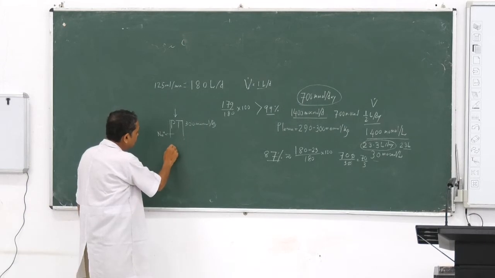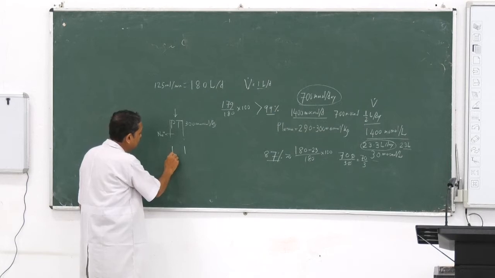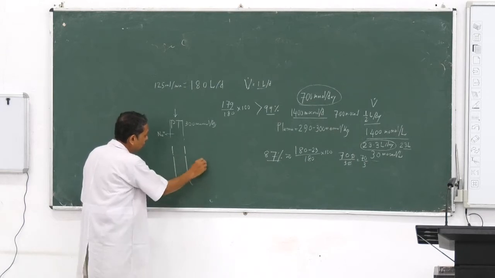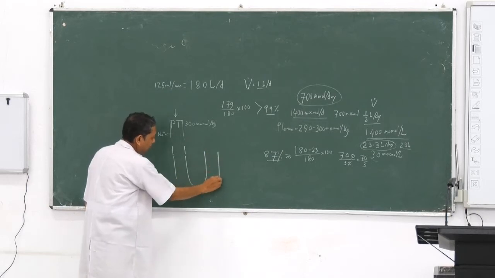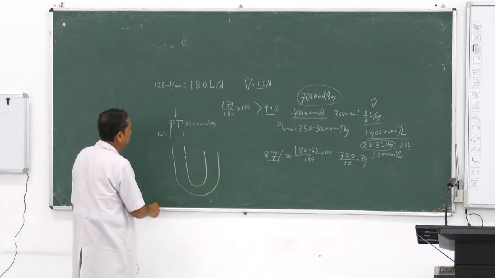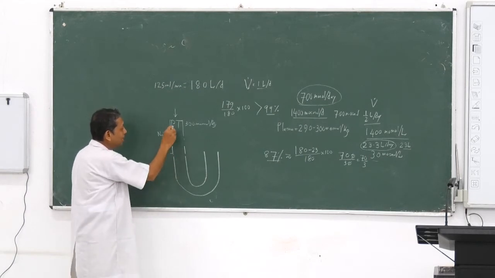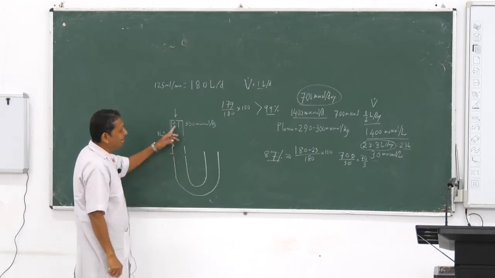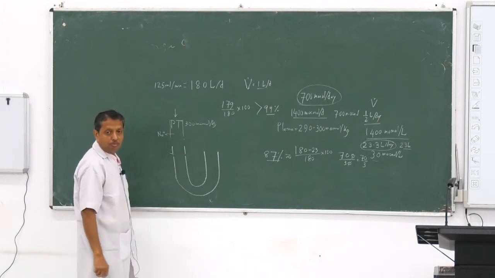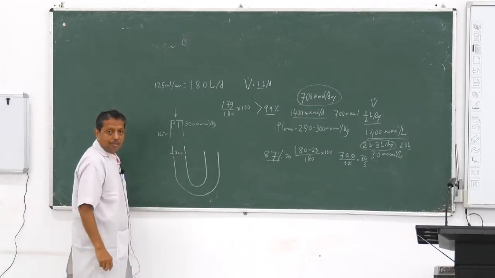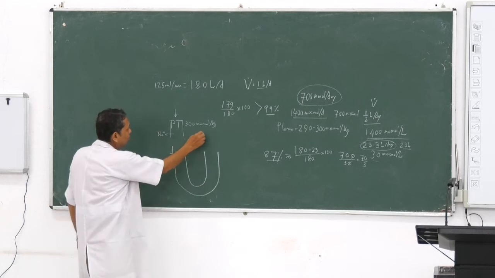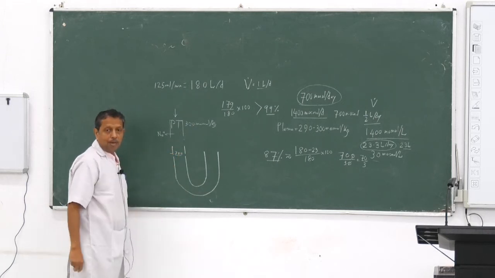And at the end of the proximal tubule, which is the beginning of the loop of Henle, roughly one third of the filtrate volume is reabsorbed, and it still remains isoosmotic, 300 milliosmol per kg. It remains the same value.